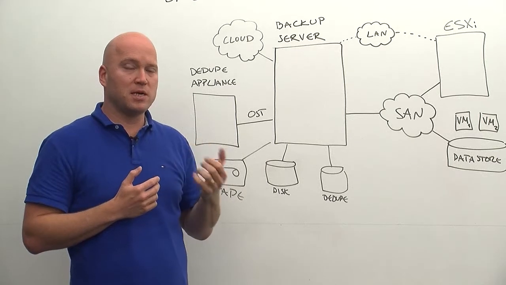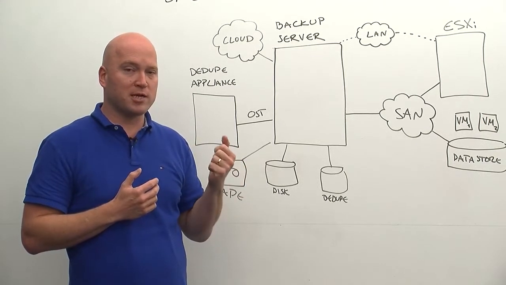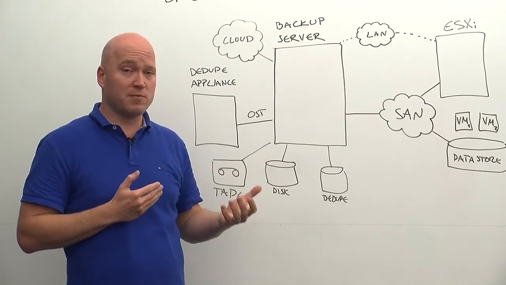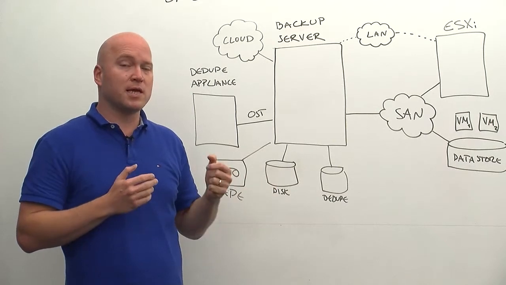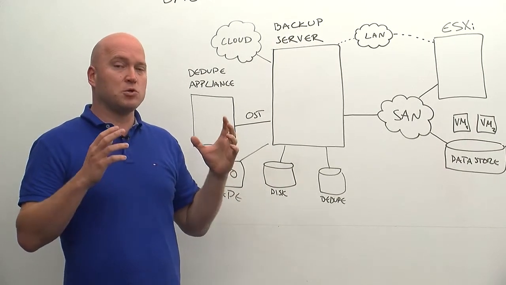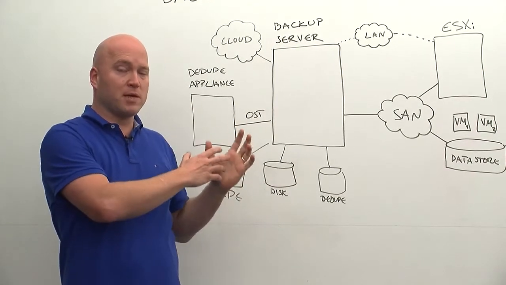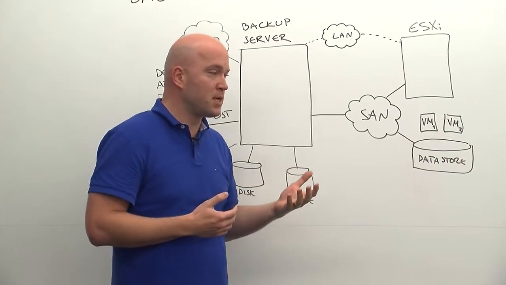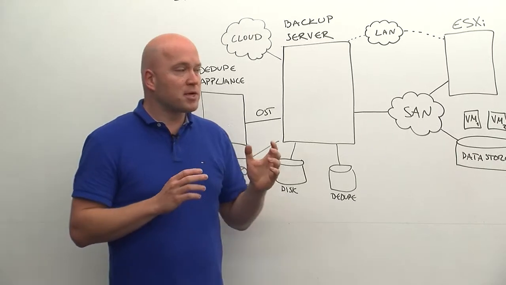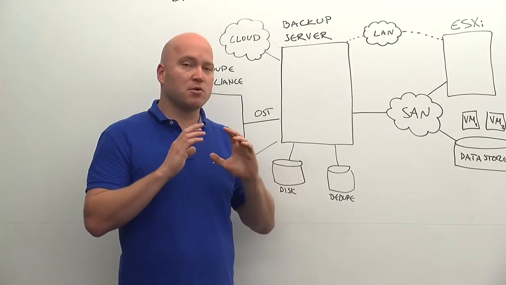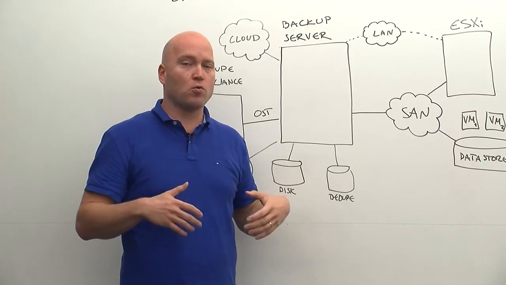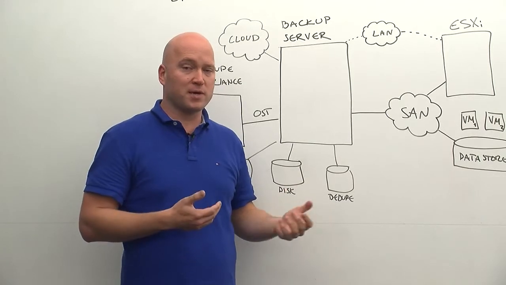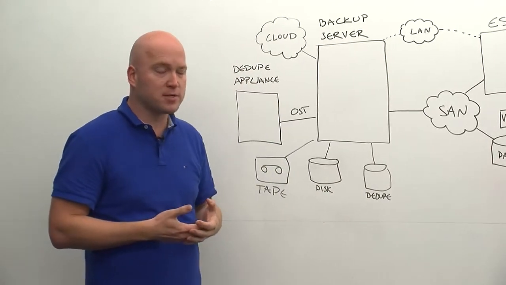So we use the CBT technology, change block tracking, that's part of the vStorage APIs for data protection, which allows us, again, to only back up the incremental data that has appeared on that virtual machine. And that's a good comprehensive overview of what deduplication is with Backup Exec 15 for VMware environments.